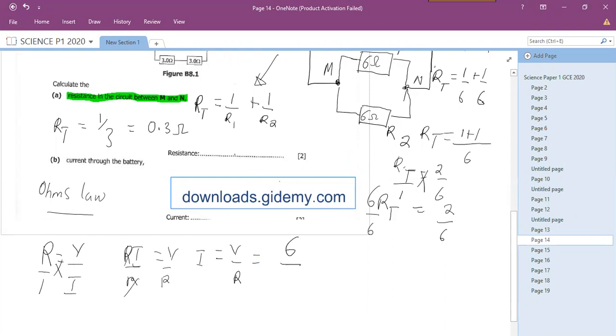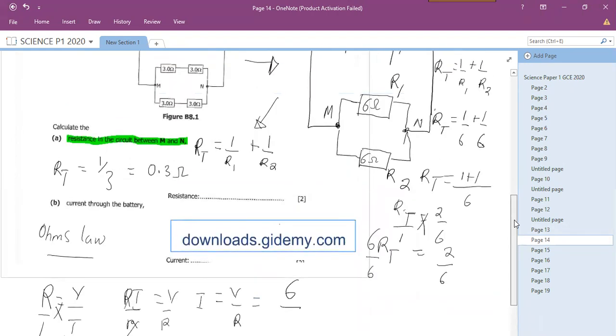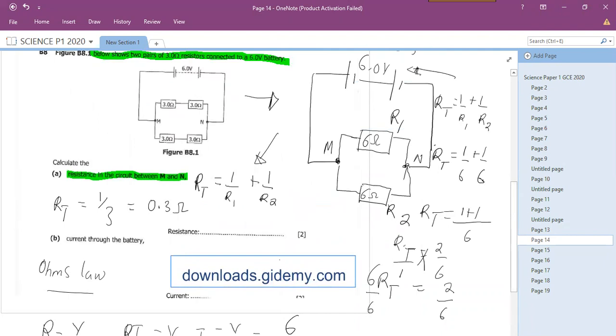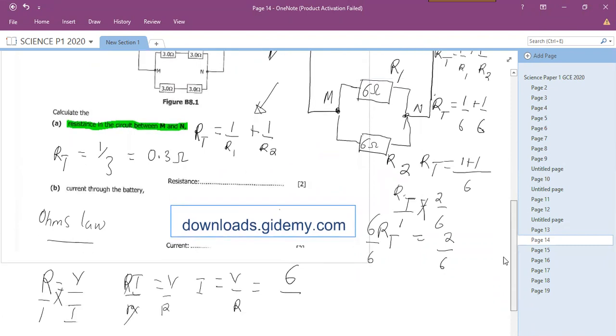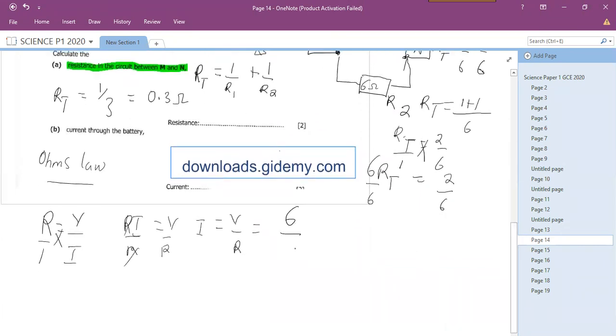Divided by the total resistance. No wonder it was very important for me to tell you that the resistance between these 2 points is actually the total resistance of the circuit. So you can actually divide this by the total resistance, which was 0.3 ohms.